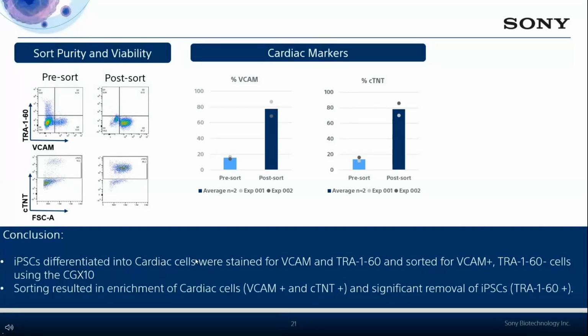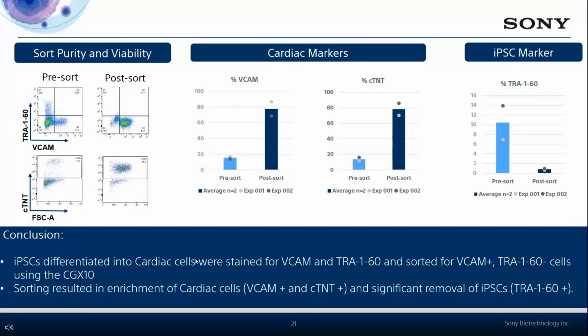When looking at the cardiac markers, VCAM and CTNT, we see that prior to sorting, they are under 20%, and both of them are expanded nearly 5-fold to 80% VCAM and CTNT positive. We also see a reduction from 10% TRA1-60 cells down to sub 1% abundance post-sorting.